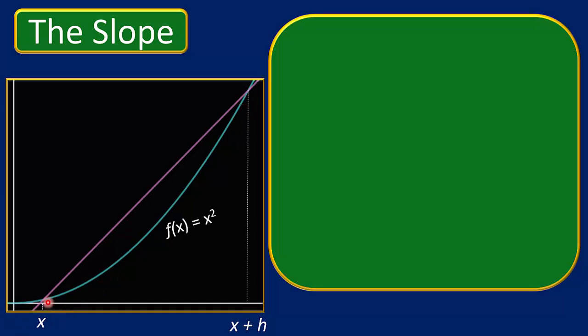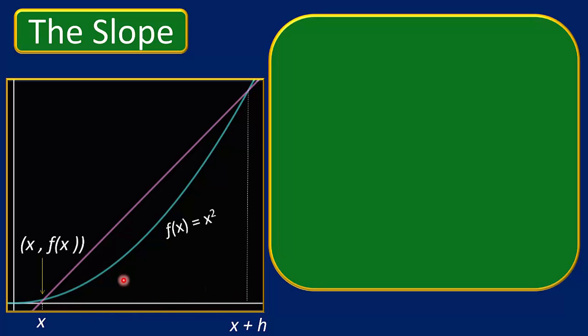So here I'm just going to call an arbitrary value x, and this over here, x plus h, where this distance right here is h. So we go from x to x plus h. We go over a little ways. h is this distance right here.